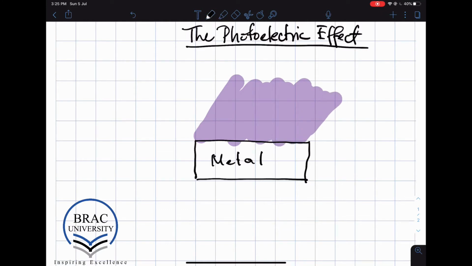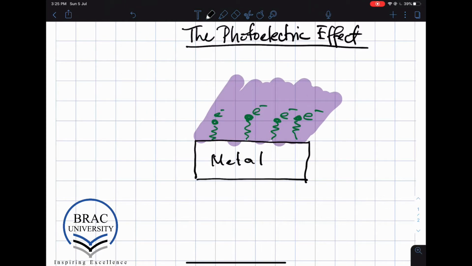Then it's observed that such a metal will emit electrons. And this is the photoelectric effect.